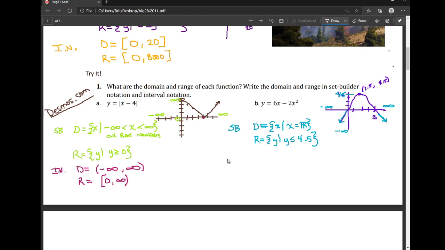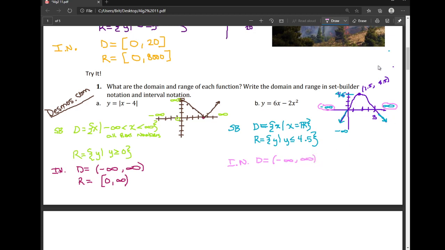Alrighty, so now the interval notation, that nice short and sweet notation. My domain for this one, we said goes from negative infinity to positive infinity. And remember, when you use an infinity with this notation, to use the curved bracket.